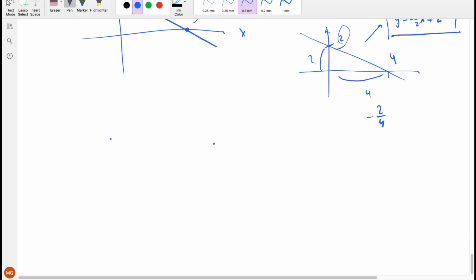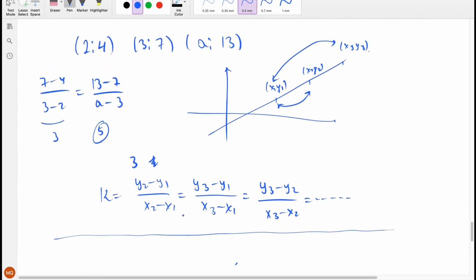Okay, let's say that 2 points are given: x1, y1, x2, y2. Let's write another example here. Let's say 2, 4, and 3, 5. When 2 points are given and they ask you to find the x-intercept or y-intercept, we can use this formula, this one.